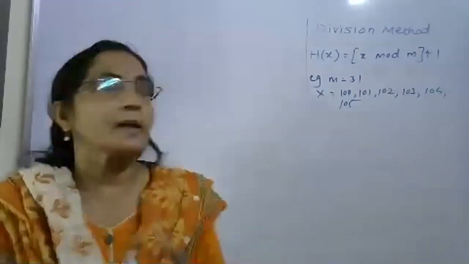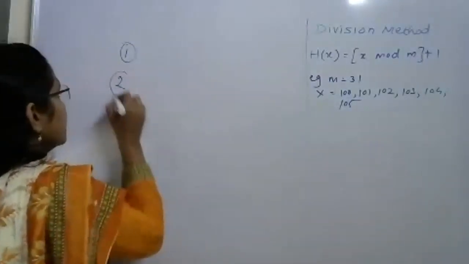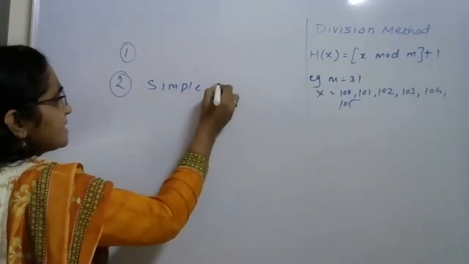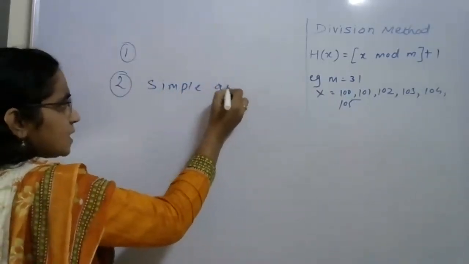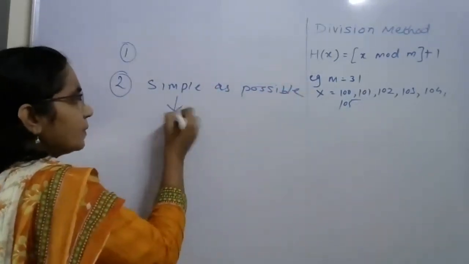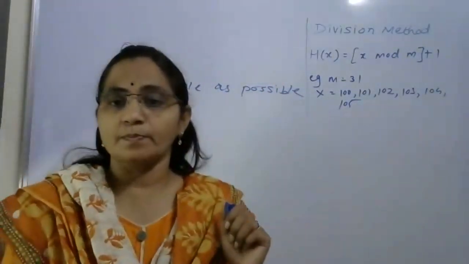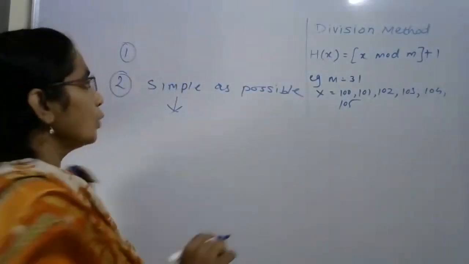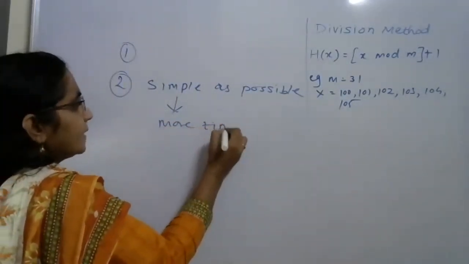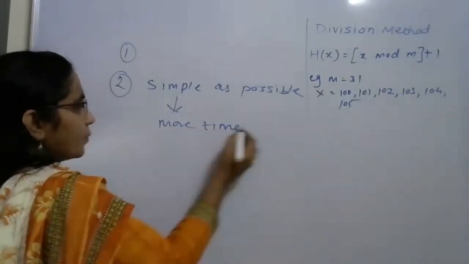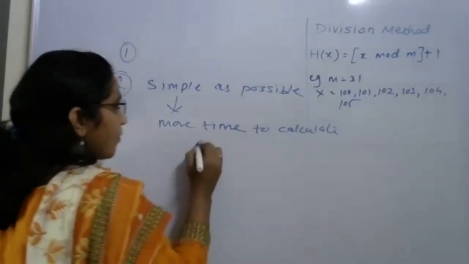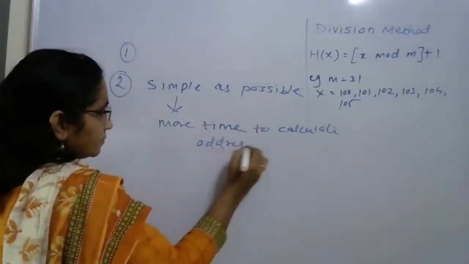And the second property is that it is designed as simple as possible. At the time of designing the hash address, it should not take more time to calculate the address of an identifier.